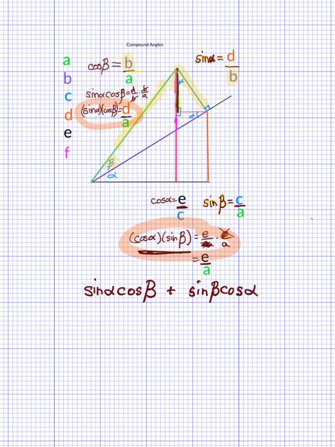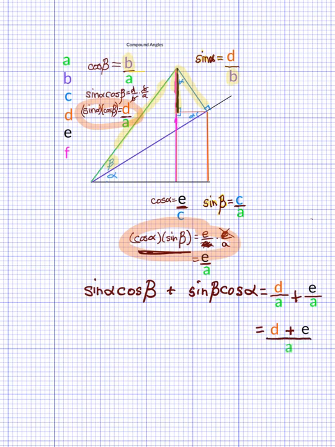And that is going to equal d over a plus e over a. Or we can just write that as d plus e over a.